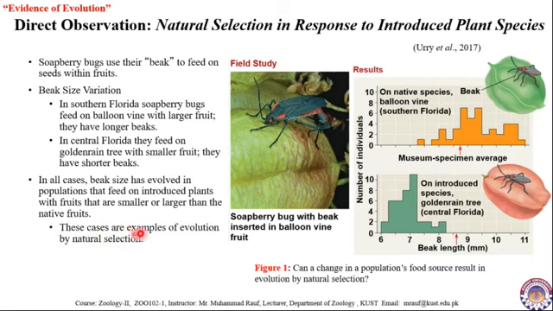These cases are examples of evolution by natural selection. In the first case, the organisms require a longer proboscis, because a shorter one will not reach the site from where the juice can be sucked.